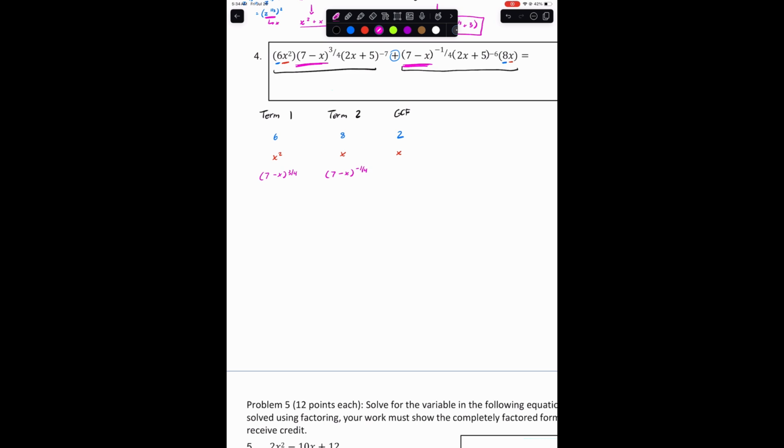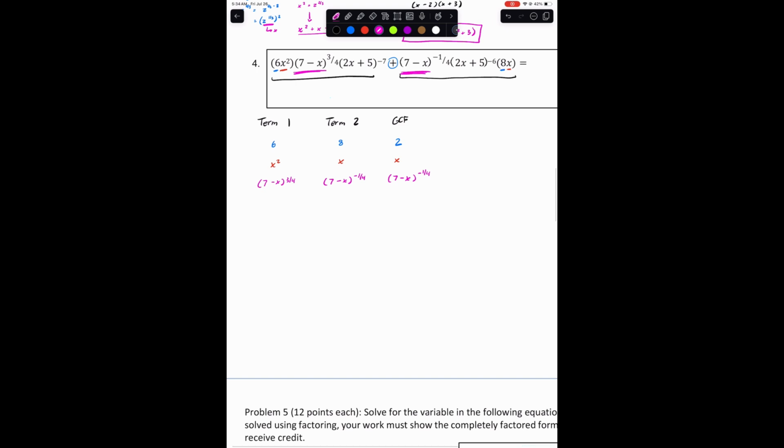In this case, you could choose either, it depends on what you're comfortable with. But I actually think I will take out the negative 1/4. And then for my next term, this 2x plus 5, it's also here.